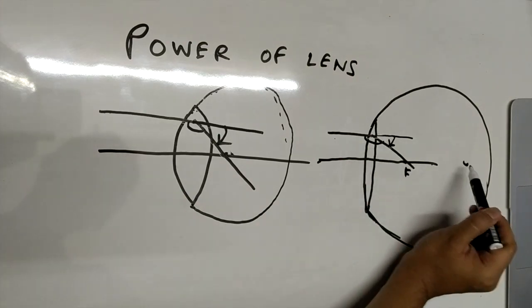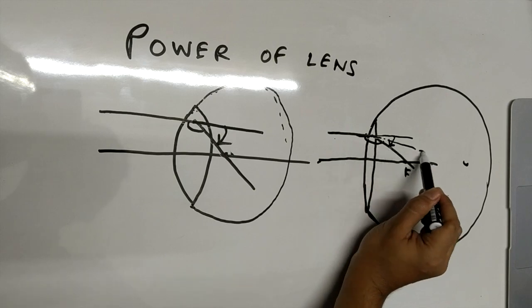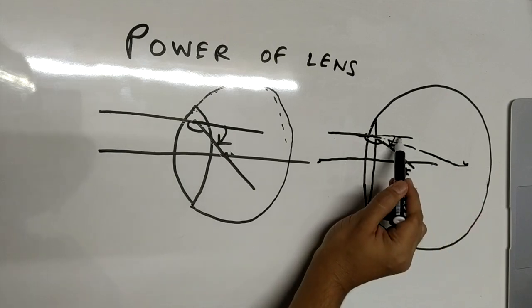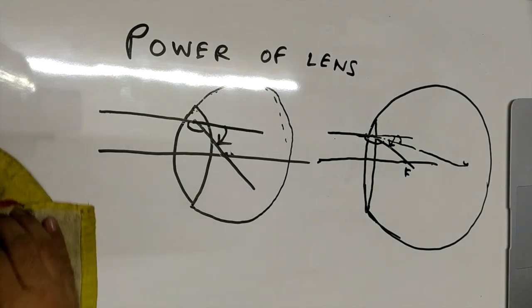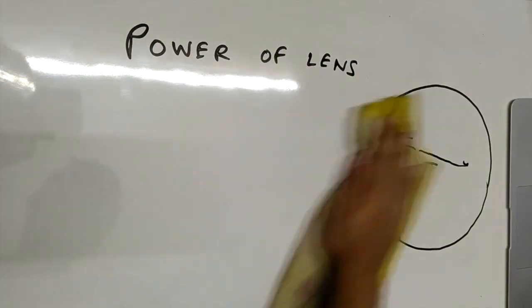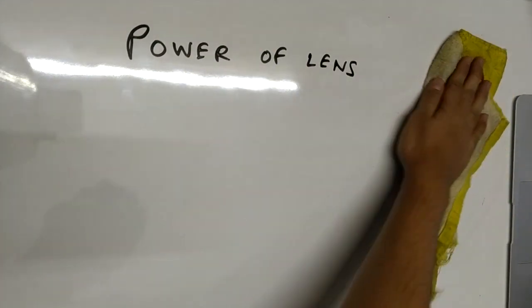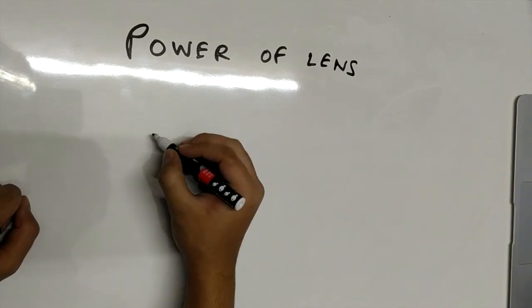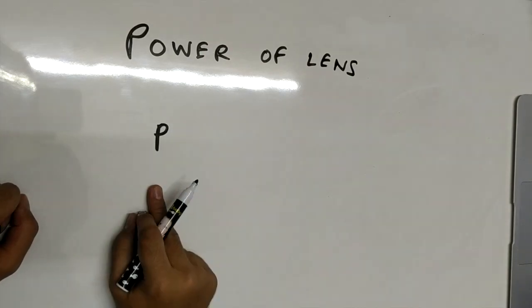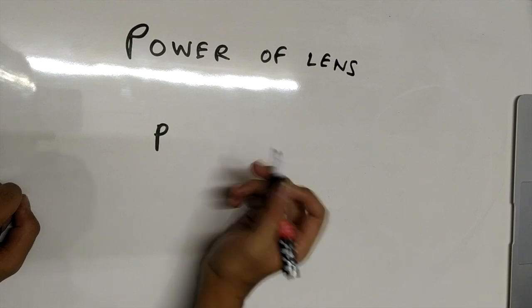If the focus was even here, it can just go like this without bending much and touch that focus. So one thing we have understood: if the power of the lens should be more, then the focus has to be nearer.